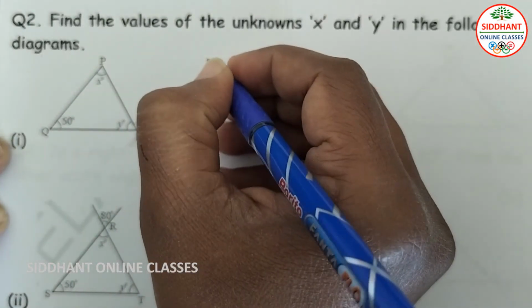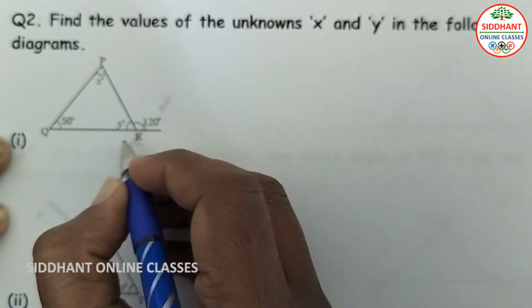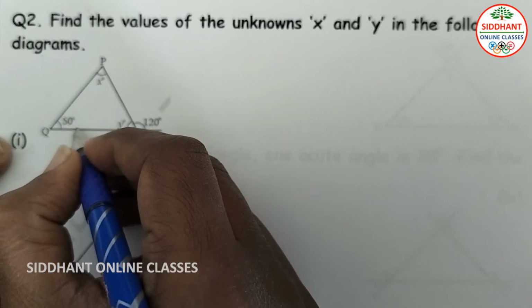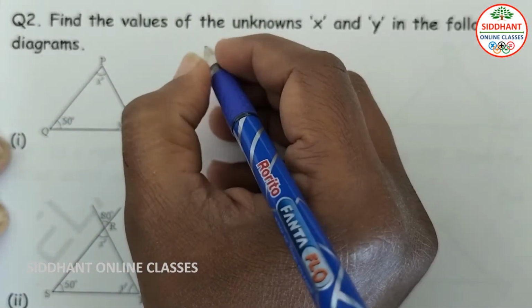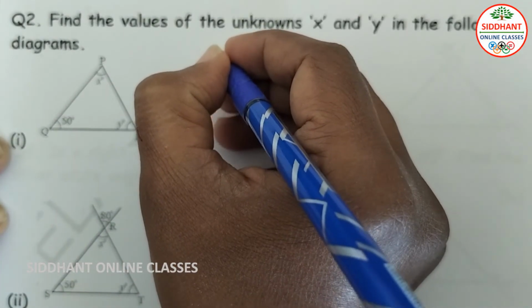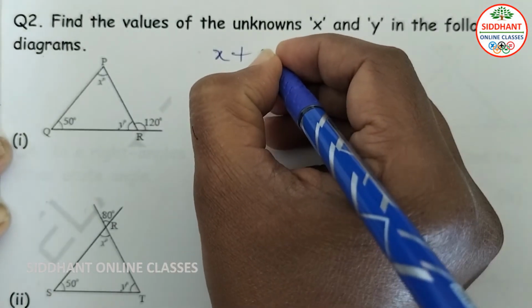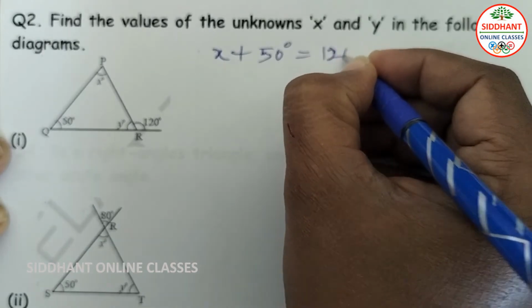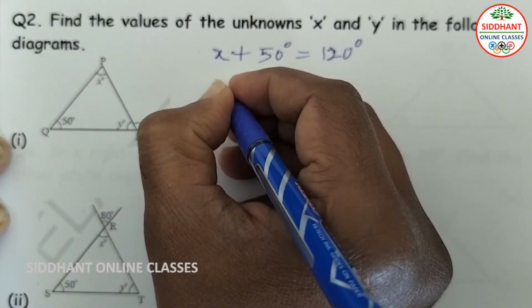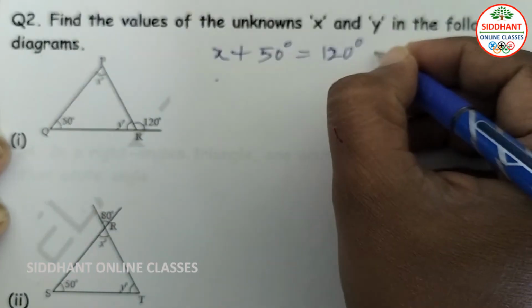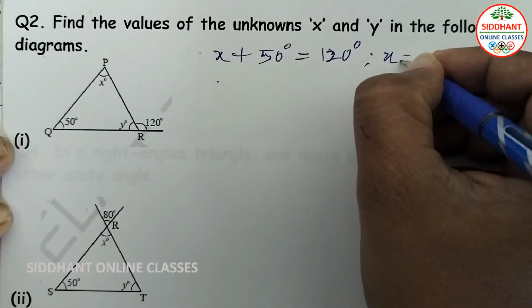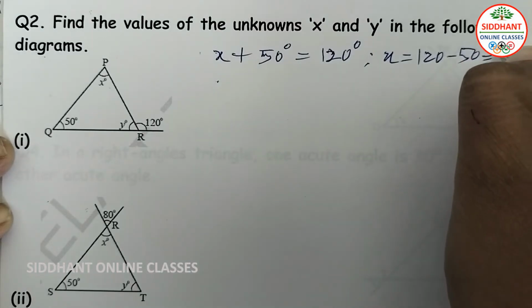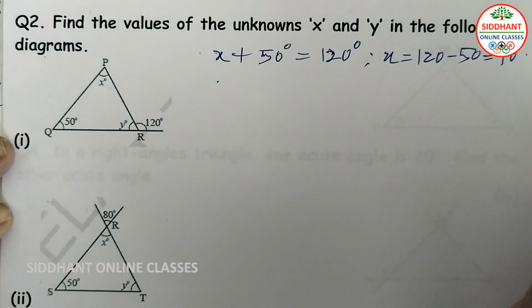So here exterior angle, that is 120 degrees, which is equal to the sum of opposite angles x plus 50 here. So here x plus 50 degrees is equal to 120 degrees, and x equal to 120 minus 50, that equal to 70 degrees here.